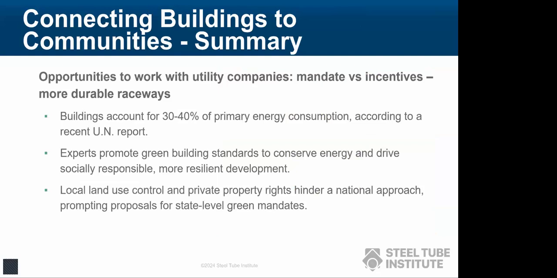Achieving effective resilience necessitates a strategic balance between mandatory codes and voluntary incentives. I want to note this first bullet point: that buildings account for 30 to 40% of primary energy consumption. While mandates guarantee baseline compliance with essential resilience standards, incentives encourage proactive adoption beyond minimum requirements.